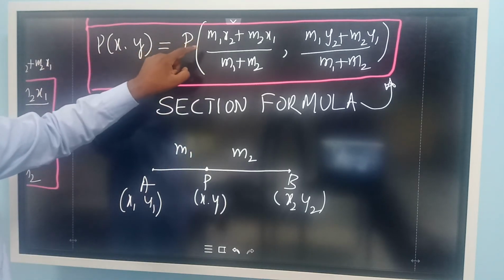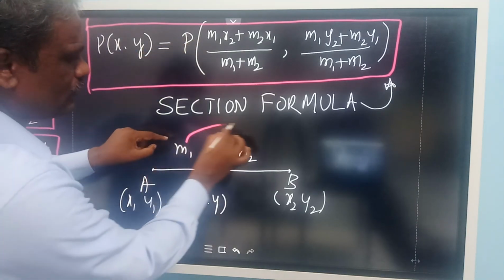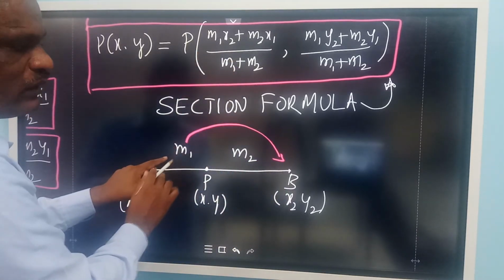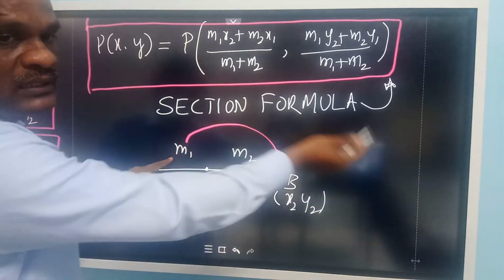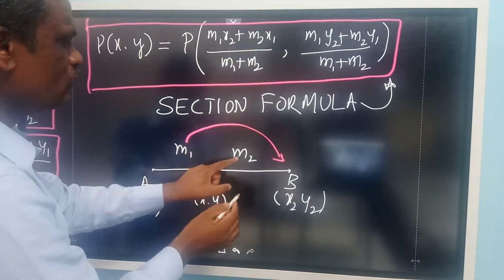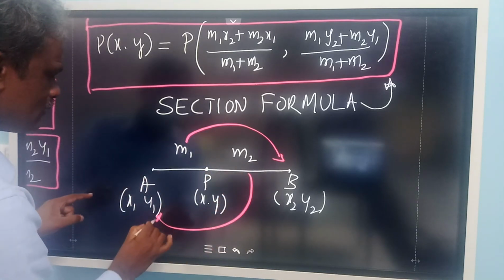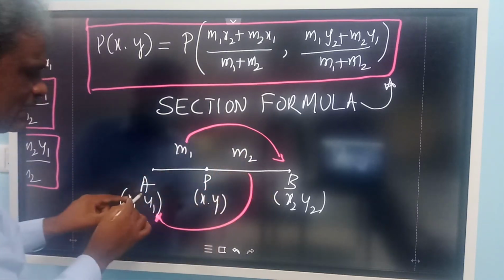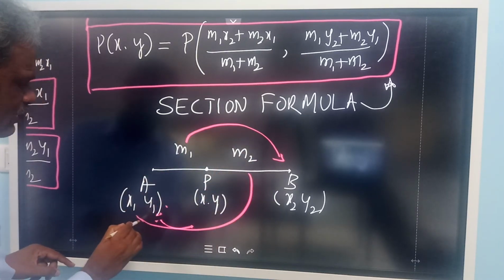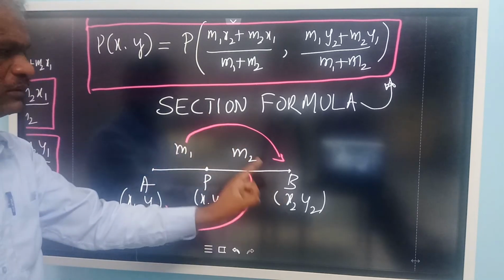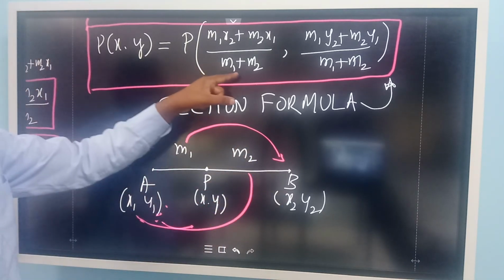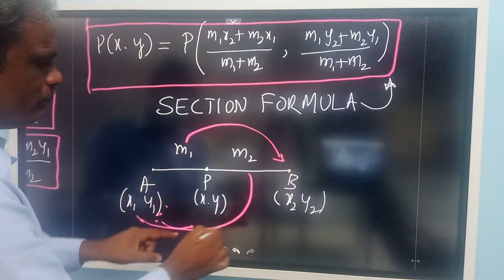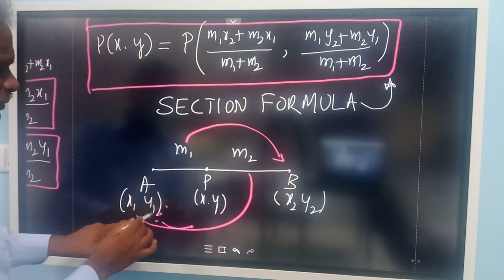P of x comma y is equal to, listen here, m1 into x2 plus m2 x1 divided by m1 plus m2. The ratio, m1 goes to the other side, m2 to this side. X value first, m1 x2, m2 x1 divided by m1 plus m2. We want y value, m1 y2 plus m2 y1 divided by m1 plus m2.